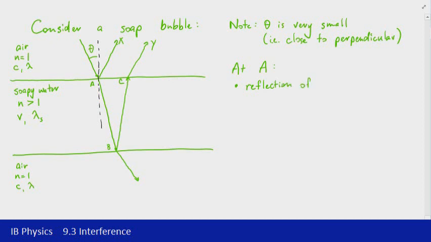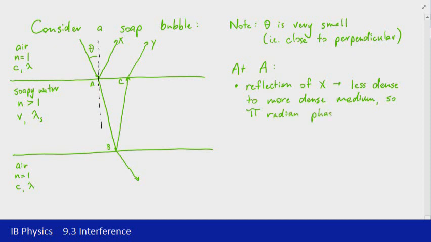And the important thing to consider here, this sort of ties back into subtopic 4.5, it's moving from a less dense to a more dense medium, and hopefully you can recall that means that we're going to see a phase change. So that's going to result in a pi radian phase change.